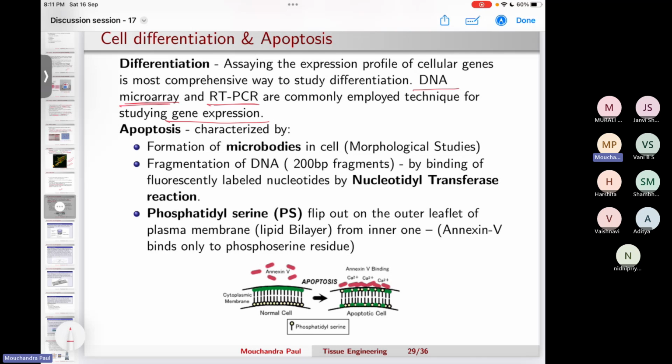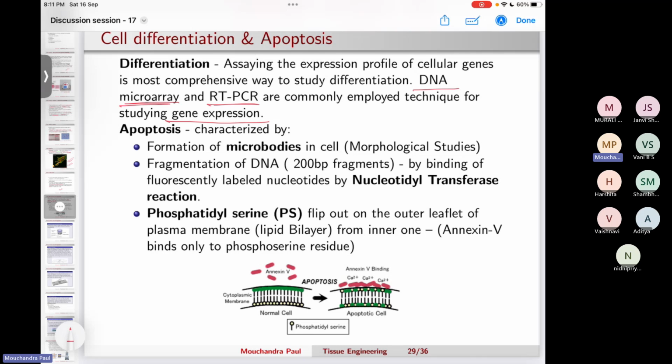In your free time, you can watch YouTube videos to understand in more detail what DNA microarray or RT-PCR is. PCR you know, but RT-PCR, real-time PCR. Ample videos are available.